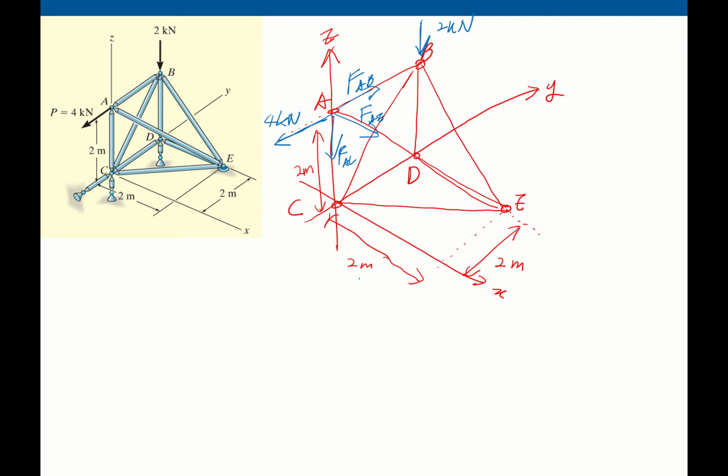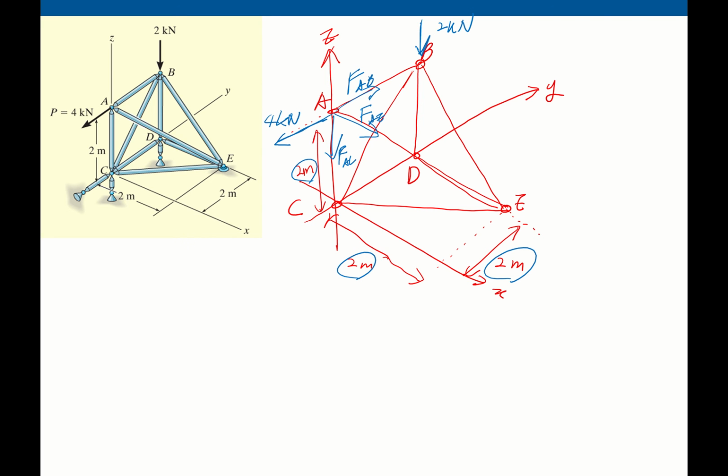We have dimensions here, 2 meter, 2 meter, and 2 meter. What we can do is find the vector from A toward E, and then calculate the unit vector and multiply by the magnitude of the force, that is the force vector, right?